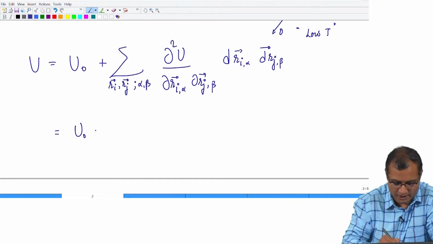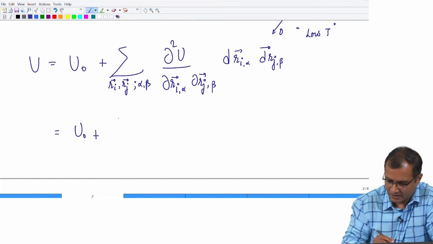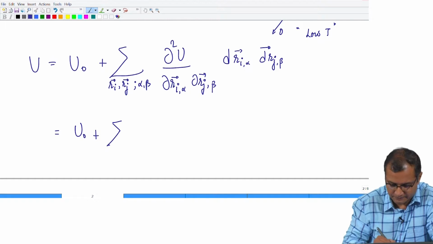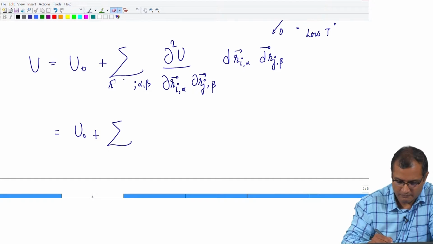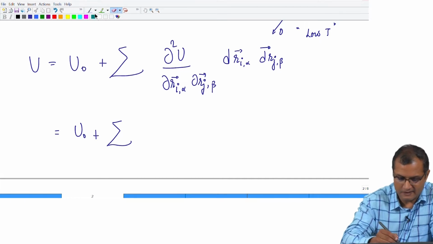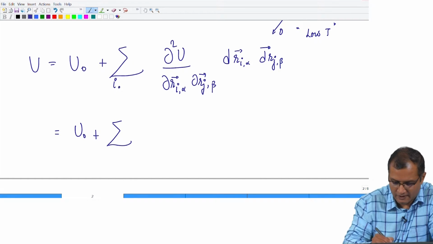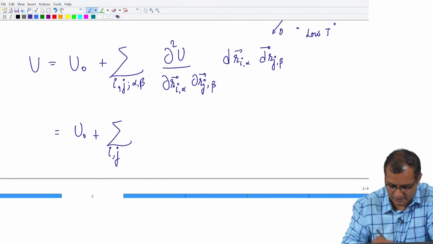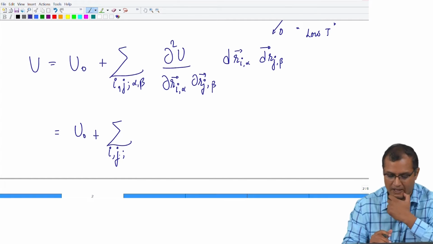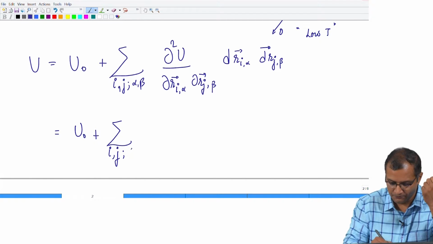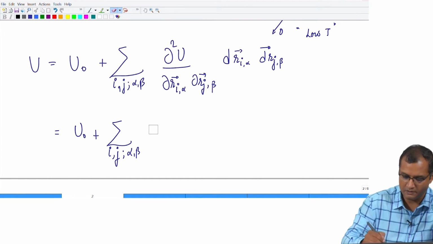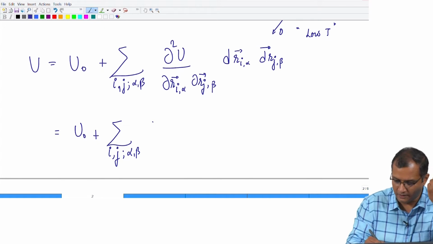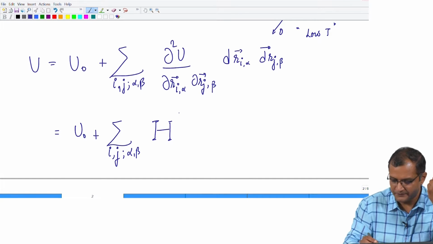So, I can write down this second derivative as a matrix of rank 2 or tensor of rank 2, and I can write this as some H, and H here is basically nothing but a Hessian matrix.